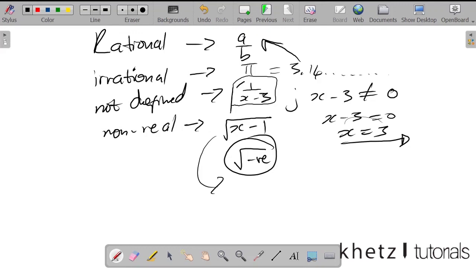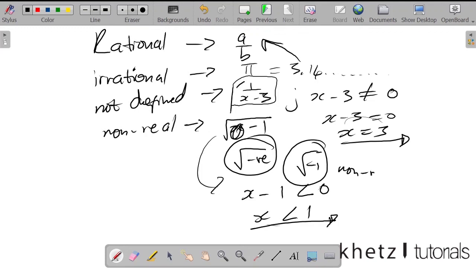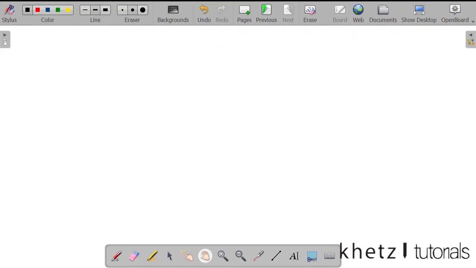So x would have to be less than 1. And an example of something which is less than 1 is 0. So if we were to substitute 0 over there, you have the square root of negative 1, which is non-real. Right? So that is just an explanation of the types of answers which you can get.